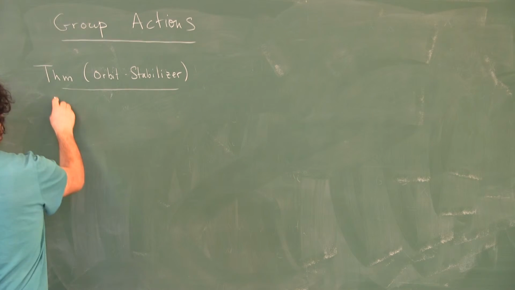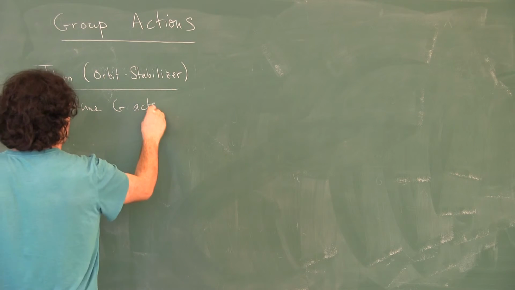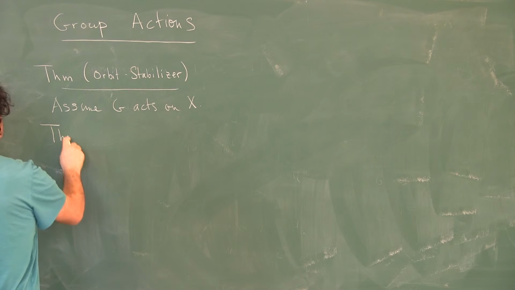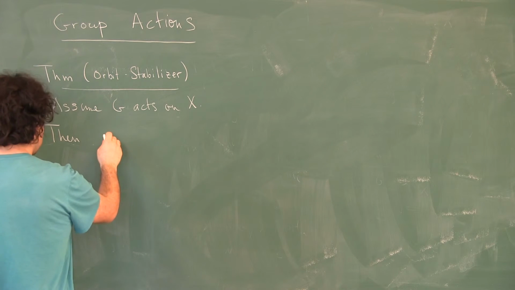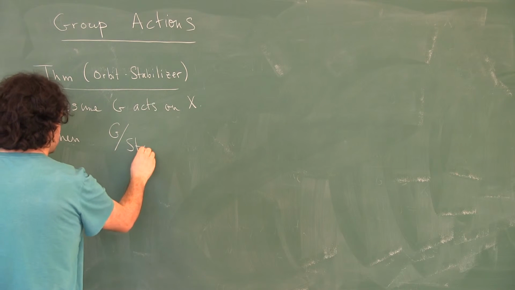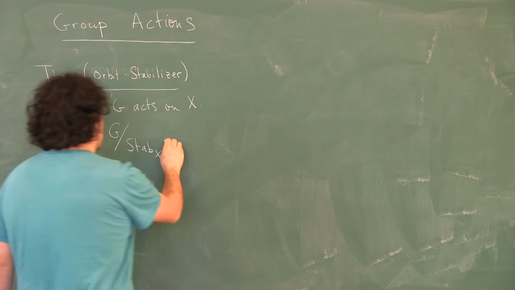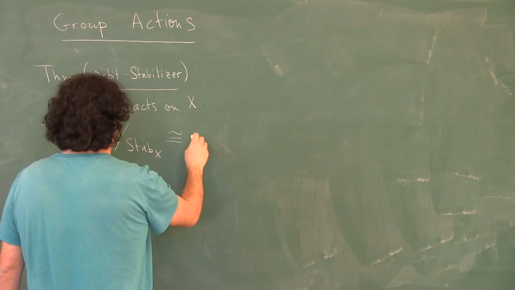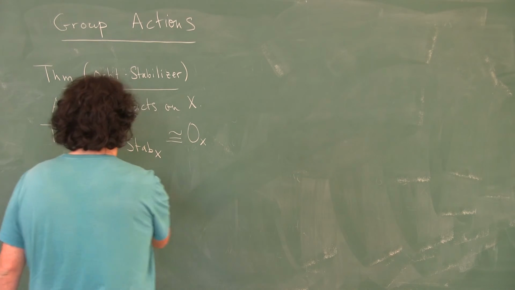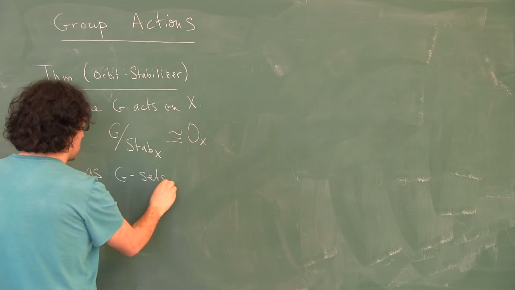Assume G acts on X, then G modulo the stabilizer of a point x is isomorphic to the orbit of x as G sets.